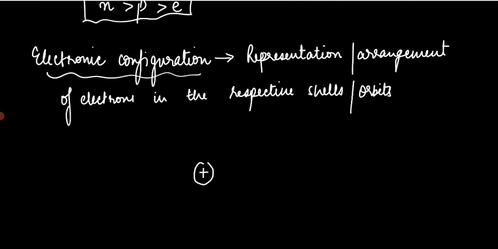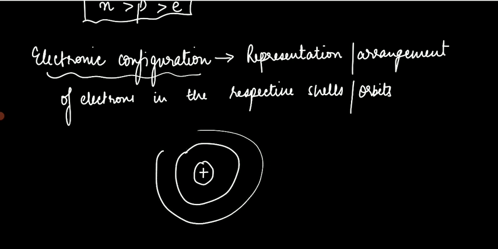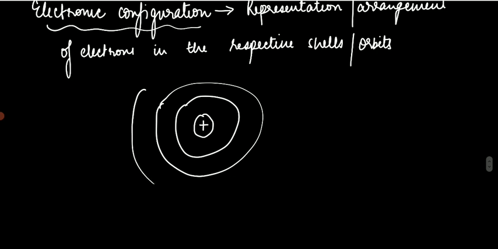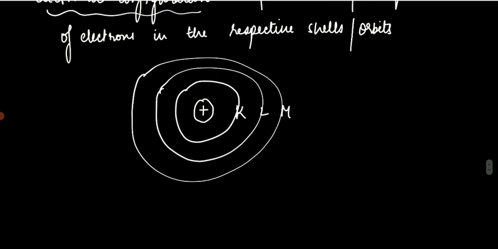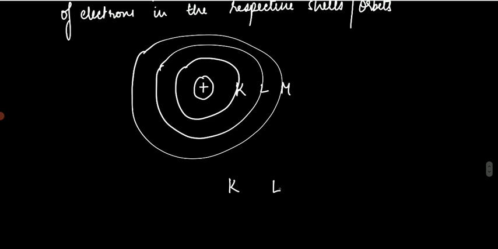I'm going to draw this again. Nucleus, the shell, first shell, the second, third. I'm going to draw only three for now. So the very first, which is nearest to the nucleus, is what we call the K shell. Then we have L, then we have M. Similarly, we have N and so on.